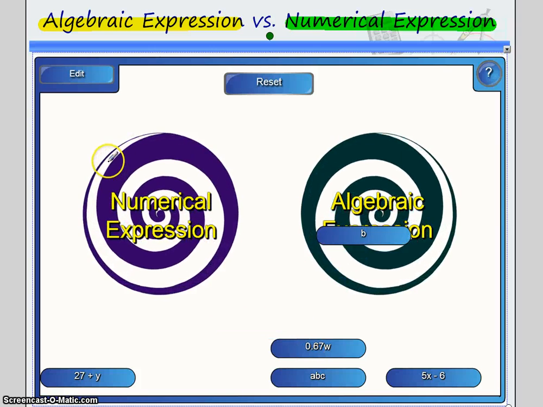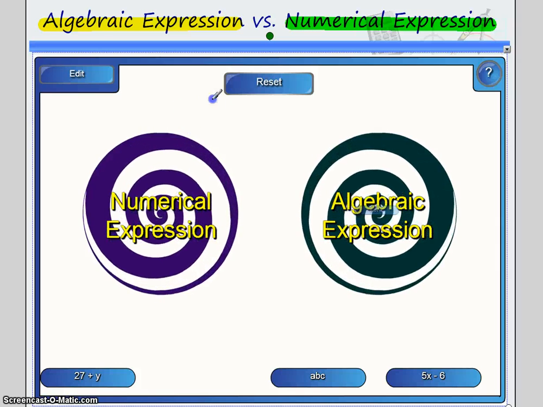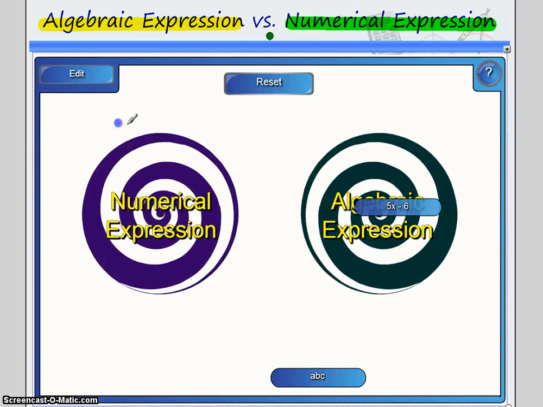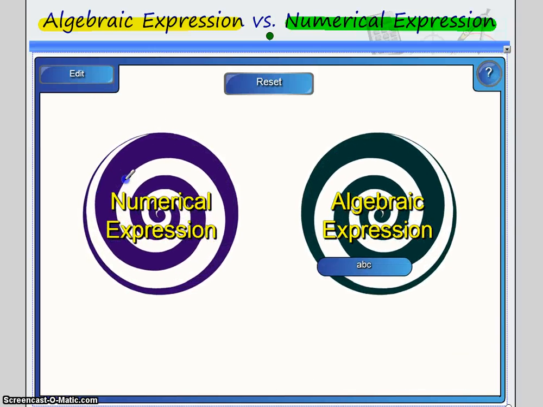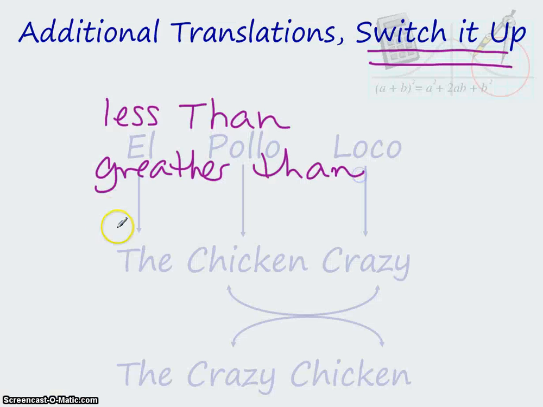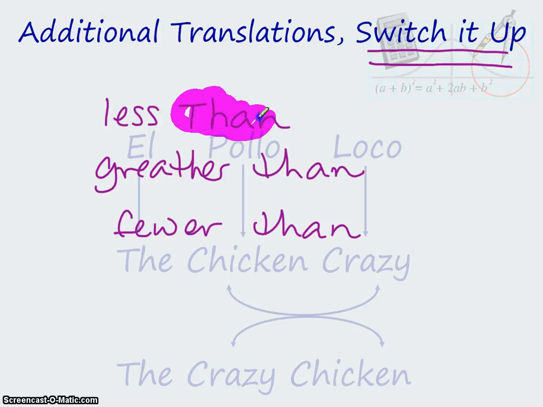So the main word that you're going to see that's going to make this happen is than. Okay, so if it says less than, greater than, fewer than, that word is a huge key to saying that something is going to be switched around.